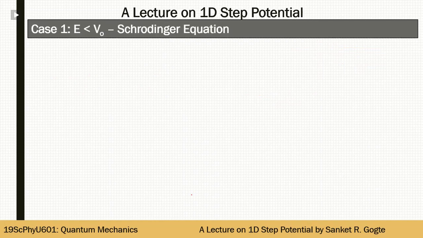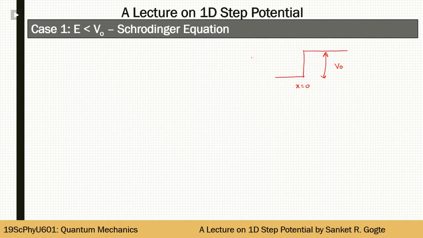So let's first write the Schrodinger's equation for the first case, where E is less than V0. This is the potential. x is equal to 0. This height, remember, is V0 even if I don't write it, and the energy of the particle is now less than V0.